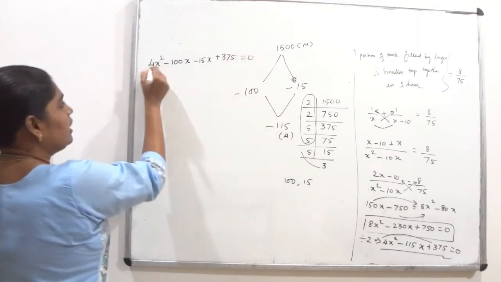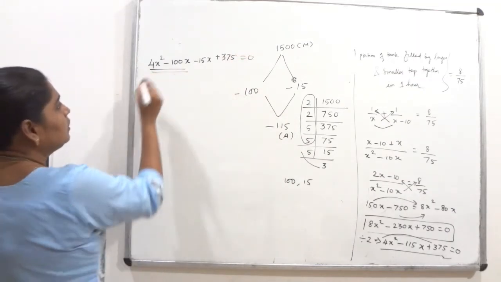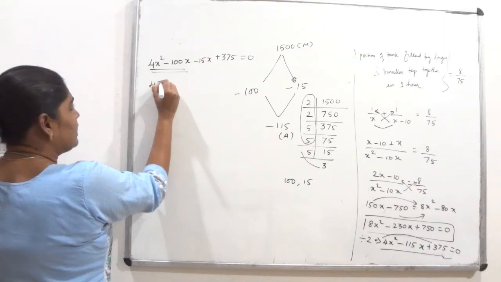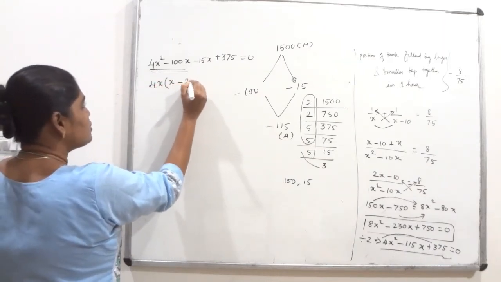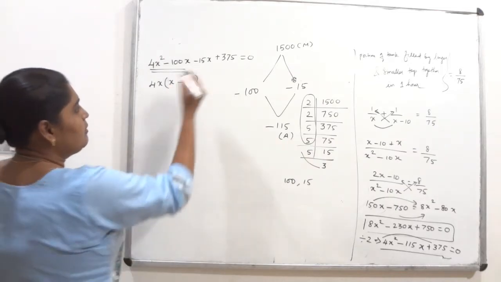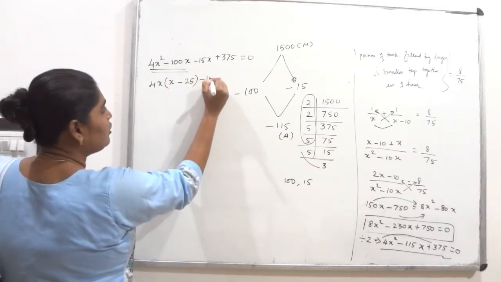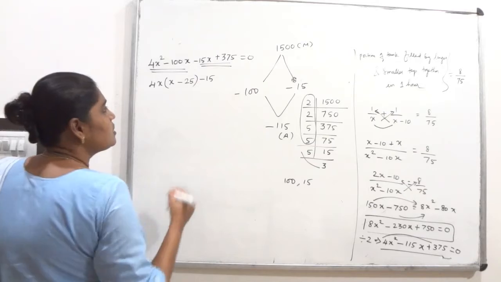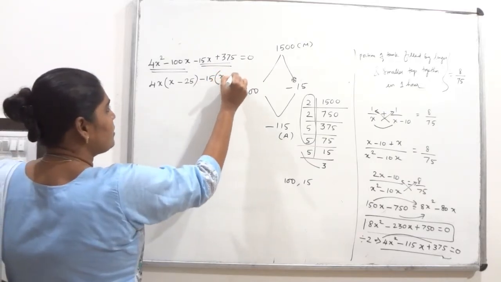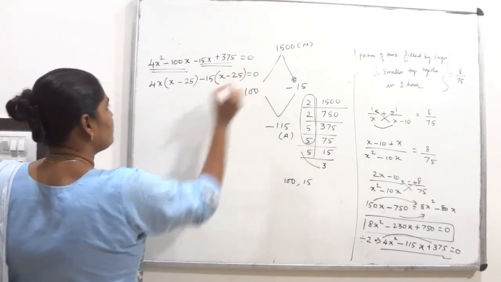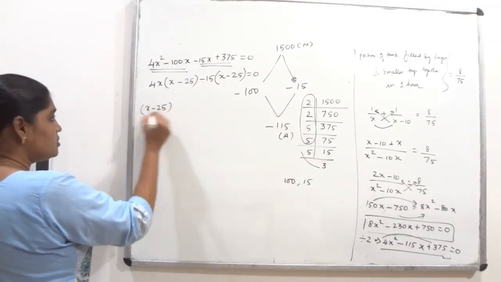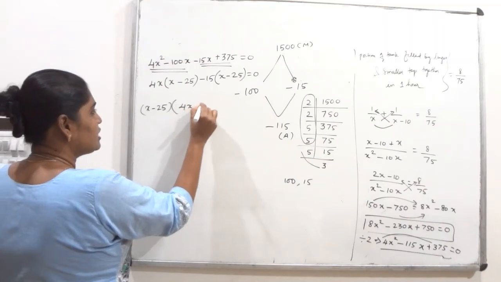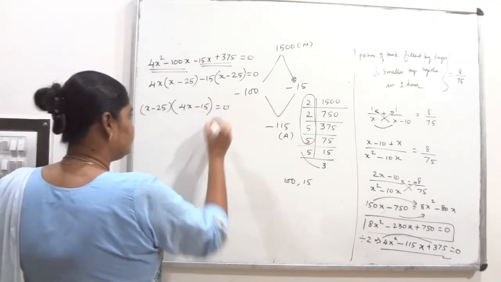In these two terms, what is common? 4 and x is common, so take it out. What remains over there? x minus 25. Yes. Minus 15 I am going to take out from these two numbers, so you will get x minus 25 is equal to 0. Here what is the common factor? x minus 25. So take it out. What is left over? 4x minus 15 is equal to 0.